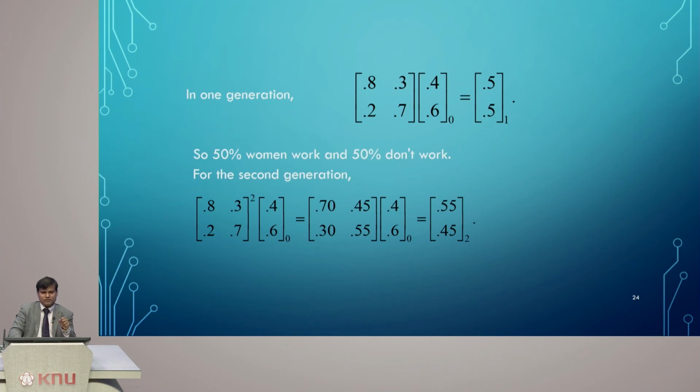This gives us the actual results for the second generation, which is 55% of women work and 45% don't work. So that's the observation that you get after two generations. Again, take note of the assumption that the transition matrix, the probability matrix, didn't change.